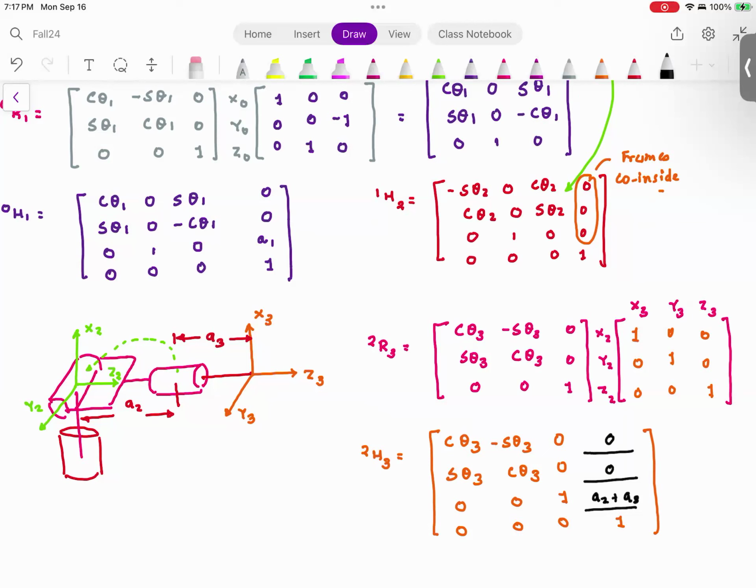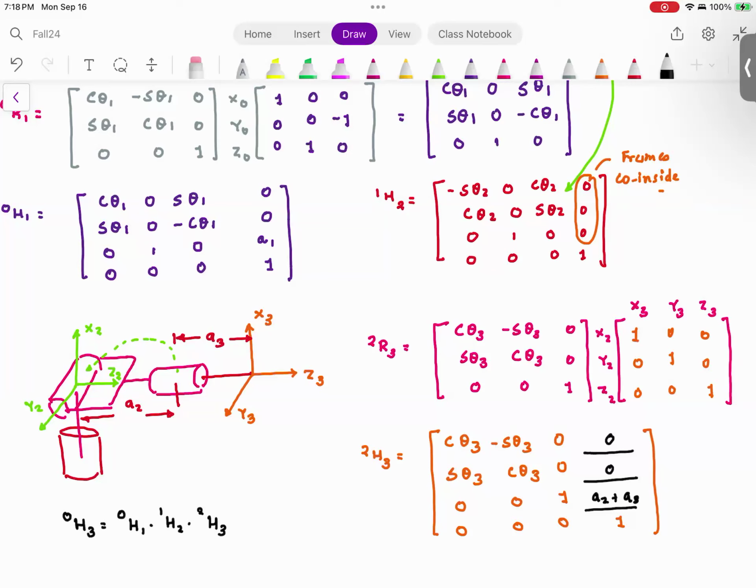And your homogeneous transformation is going to be 0h3 is equal to 0h1 multiplied by 1h2 multiplied by 2h3. Are you with me? Correct. Let me explain this once again.